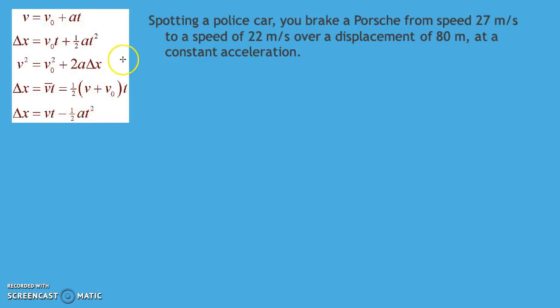Whenever we're approaching a problem like this, graphs can be really helpful, and it's also really helpful to identify the information we know and the information we don't know. You'll notice looking at this table that there's 5 quantities here: displacement, initial velocity, time, acceleration, and final velocity.